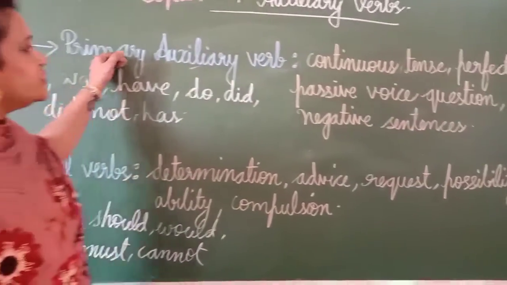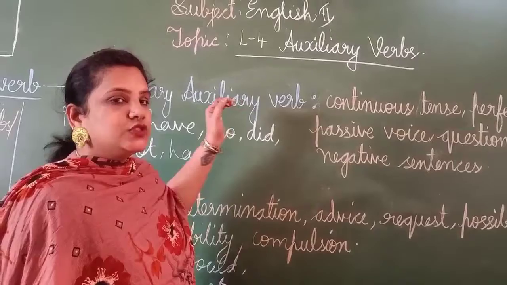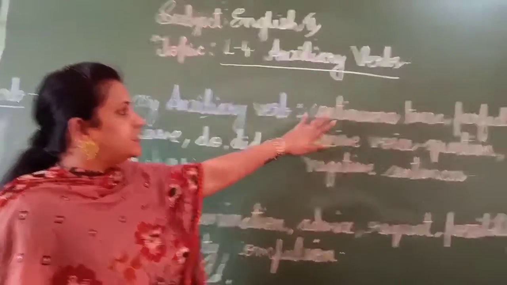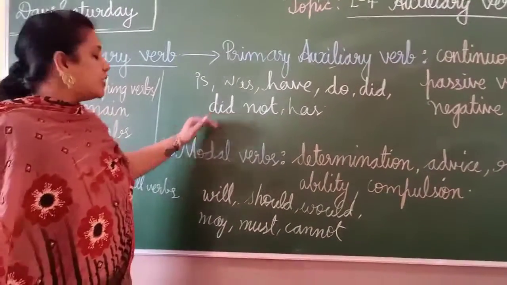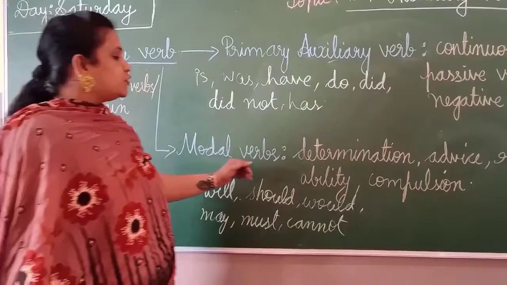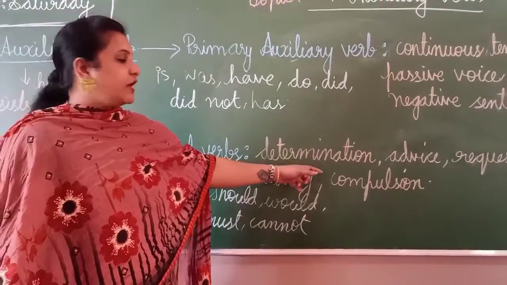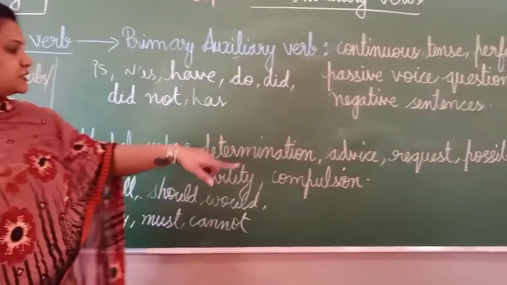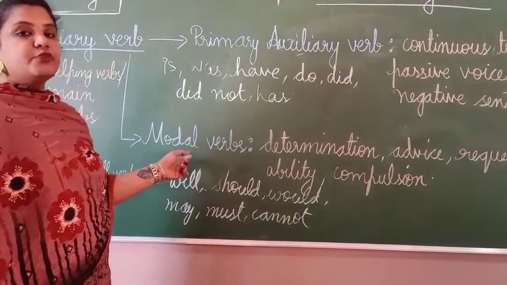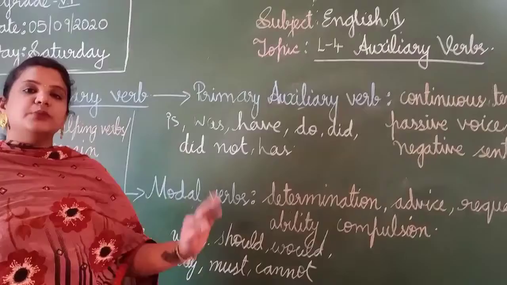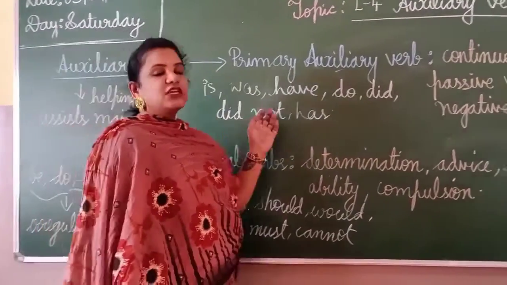You use primary auxiliary verbs in continuous tense, perfect tense, passive voice, and question and negative sentences. When do you use modal verbs? You use modal verbs in sentences expressing determination, advice, request, possibility, ability or compulsion. And these are some examples of modal verbs. This much you have to remember very well in this chapter.